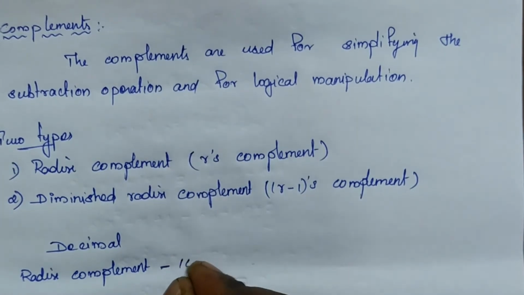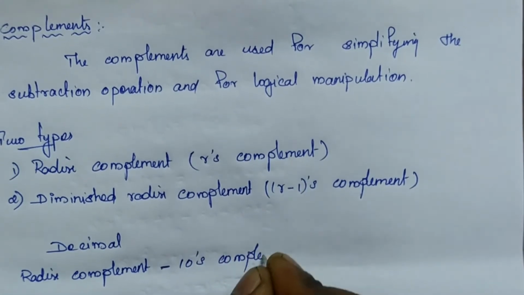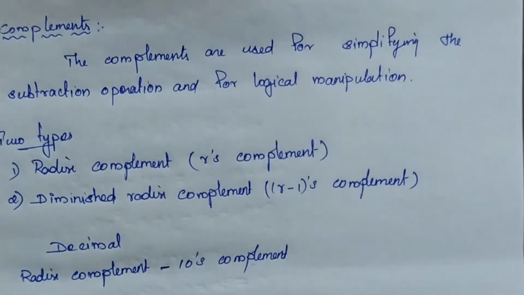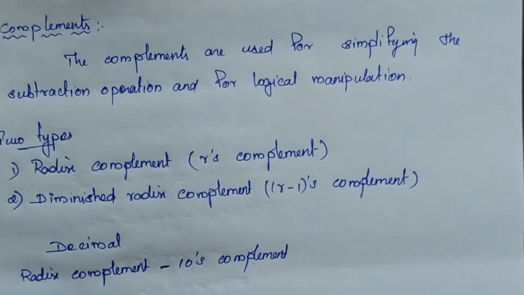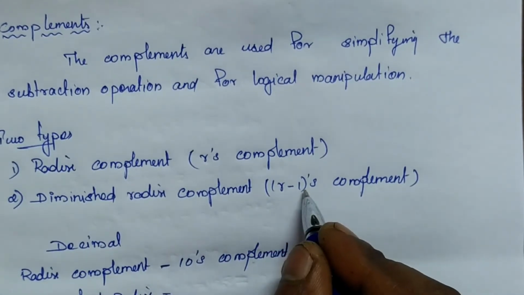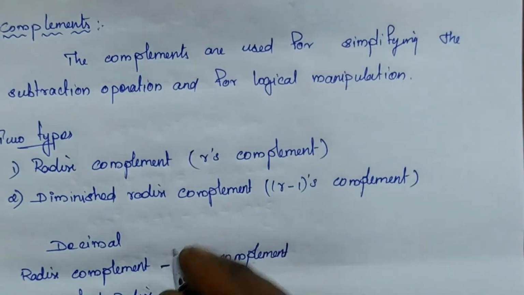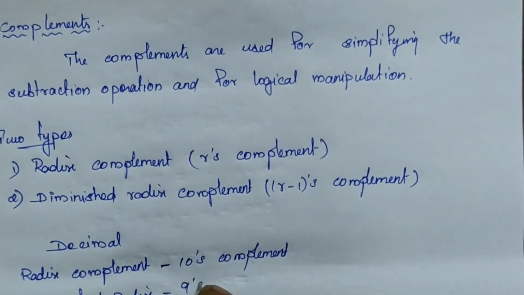Therefore, this will be considered as 10's complement. For diminished radix, here R minus 1, that means for decimal it's 10 minus 1, therefore this one will be considered as 9's complement.